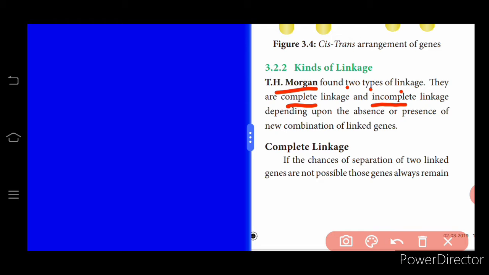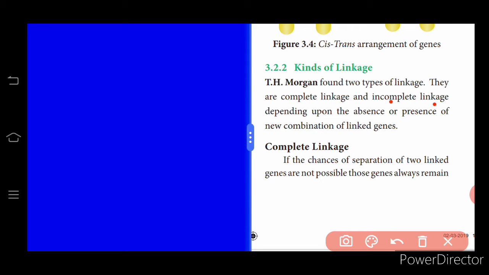How did he find whether it is a complete linkage or incomplete linkage? If complete linkage is there, it shows the absence of new recombination. Follow? Complete linkage shows absence of new recombination because they are always together.